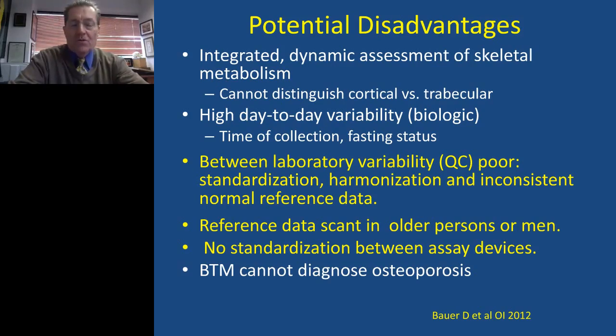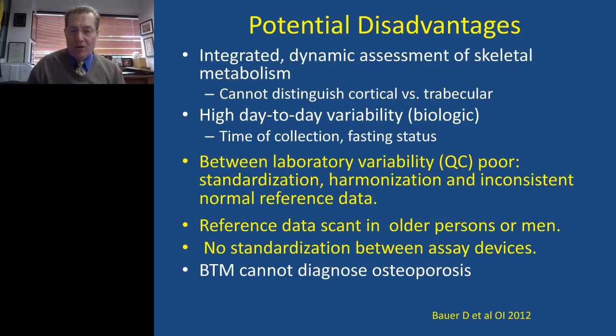It's important to point out and to always bear in mind that bone turnover markers cannot be used to diagnose osteoporosis. They can be used to assess rates of bone turnover, fracture risk, and changes with or off therapy. But the diagnosis of osteoporosis, as you know, is made on the basis of either a low trauma fracture, even in the absence of bone density, or a WHO criteria T-score by bone density of -2.5 or lower.